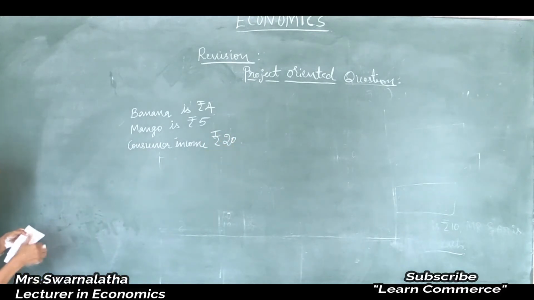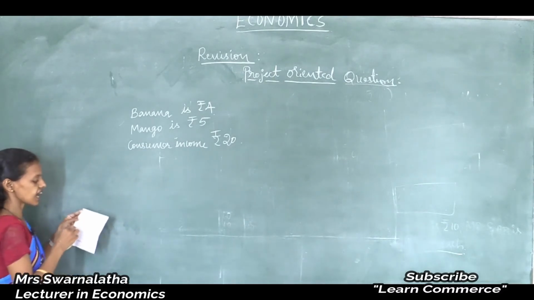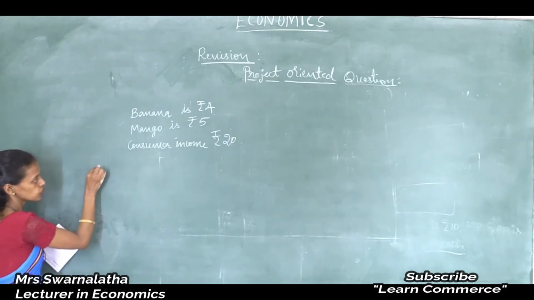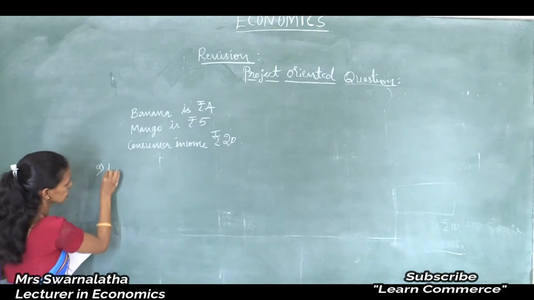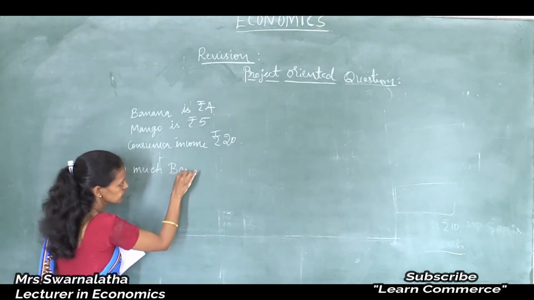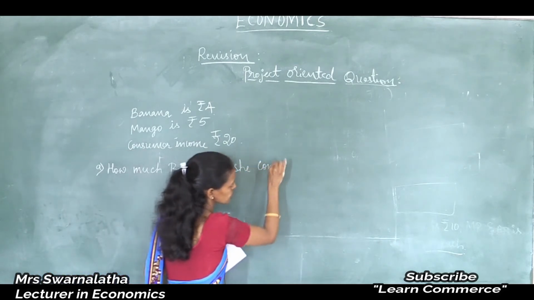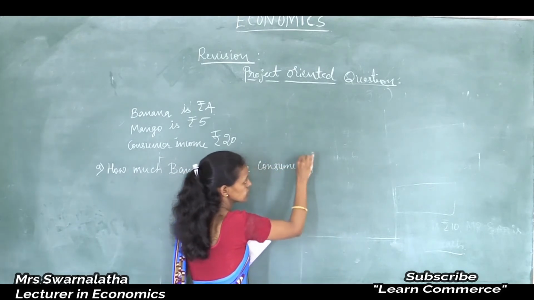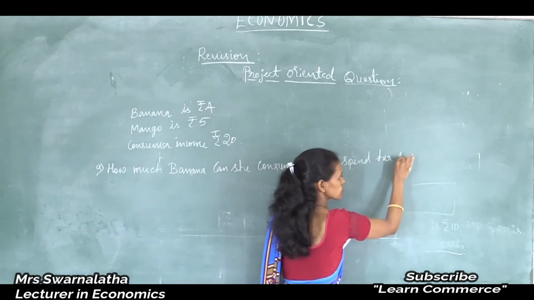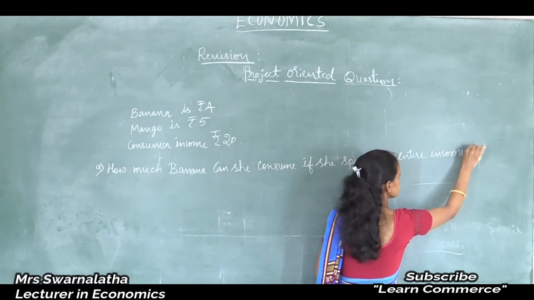So now there are 5 questions. Question A: how much bananas can she consume if she spent her entire income?